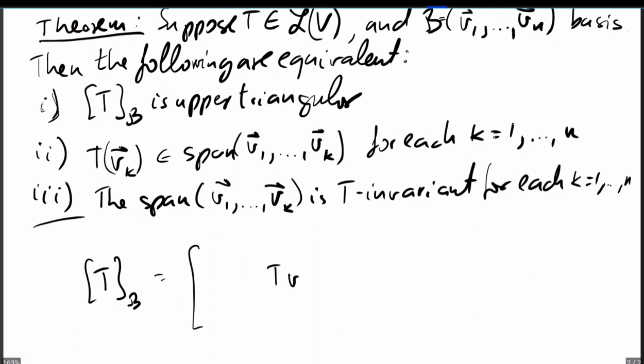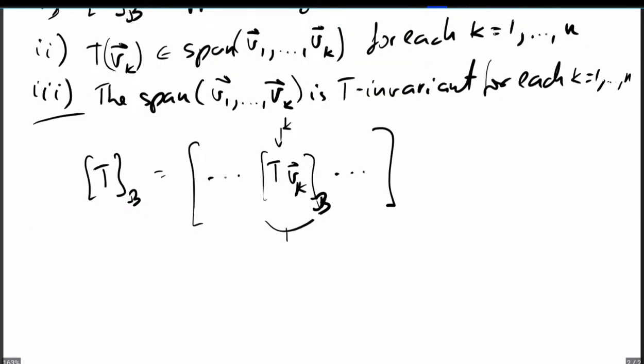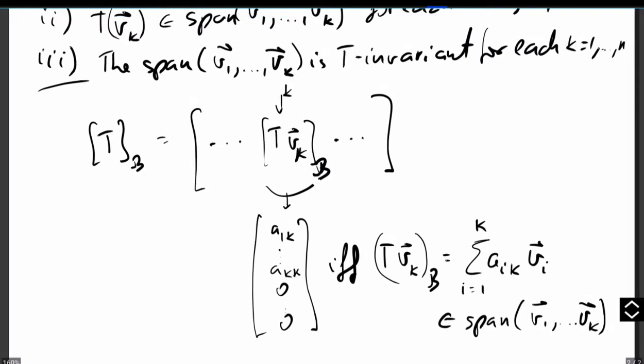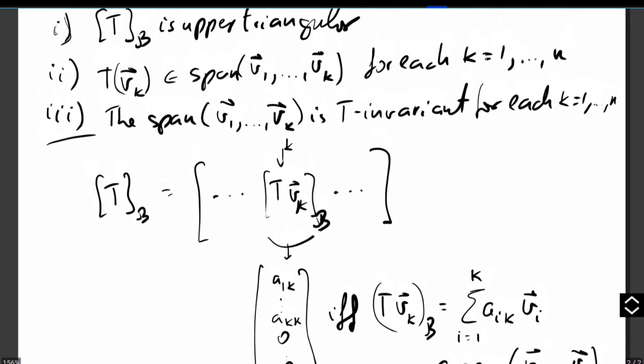We're supposed to have the kth column as the kth basis vector image under T, expanded in the basis B. If this column vector has the form A1k through Akk, and then the rest is 0, this is the case if and only if the image of the vk vector in the B basis is equal to the sum as i goes from 1 to k of Aik vi, which means this is in the span of v1 through vk.